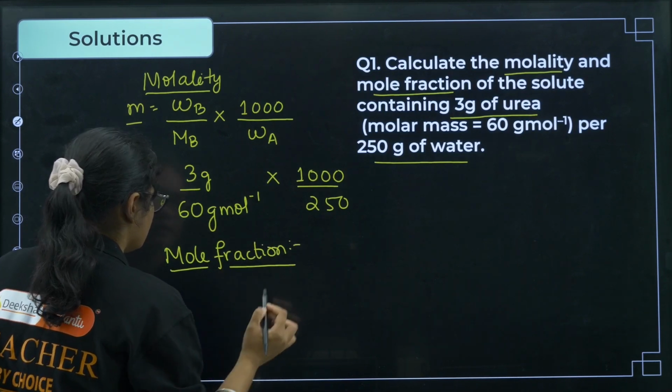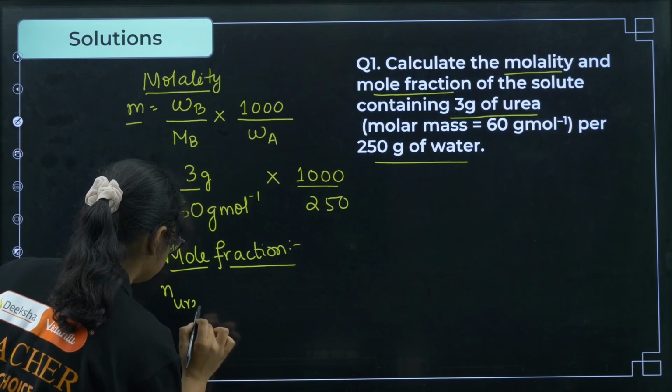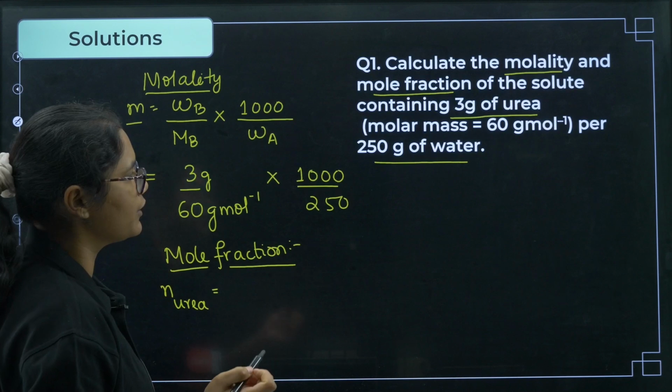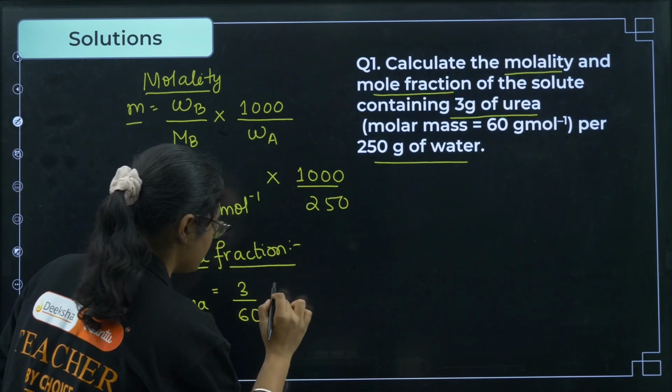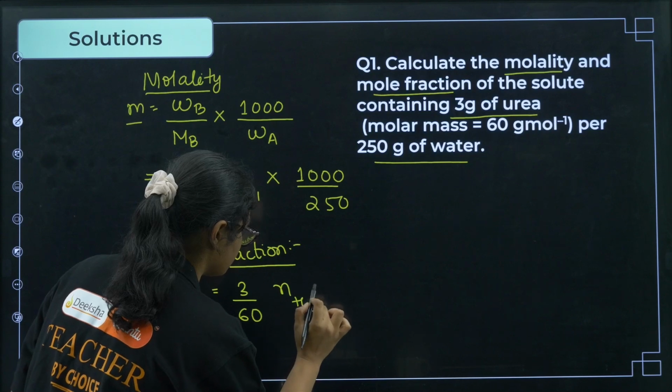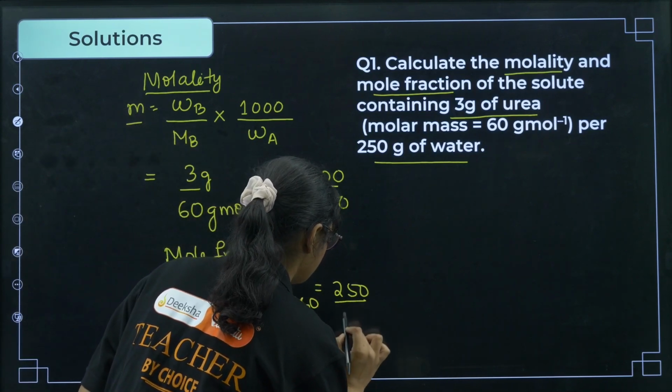For mole fraction, let us first calculate the number of moles of urea: given mass by molar mass, so 3 by 60. Next, the number of moles of water: 250 gram of water, so 250 by 18.